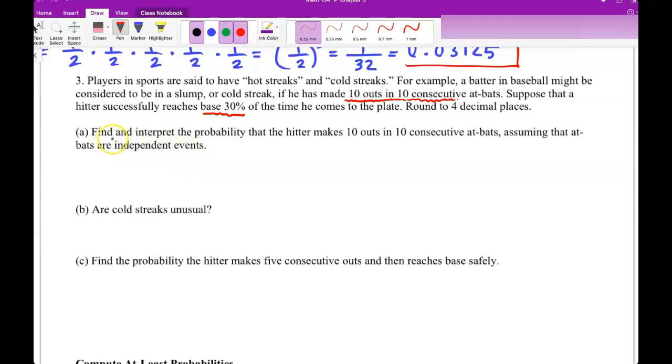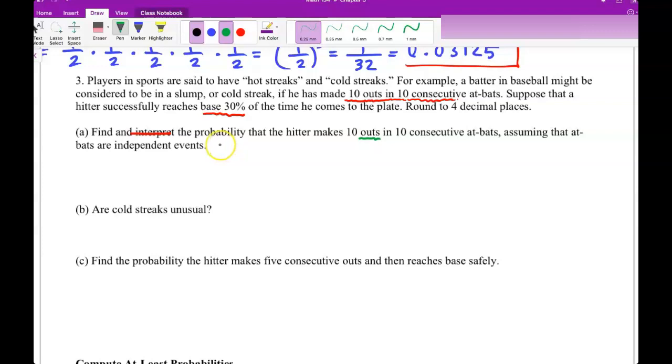So I'm going to find the probability that the hitter makes 10 outs in 10 consecutive at-bats. Now, since I have 30%, that is success. And here it's asking for failure, so we have outs, but successfully reaching base is 30%.